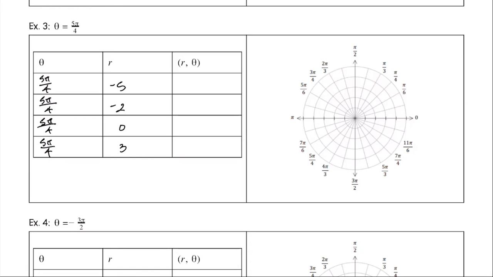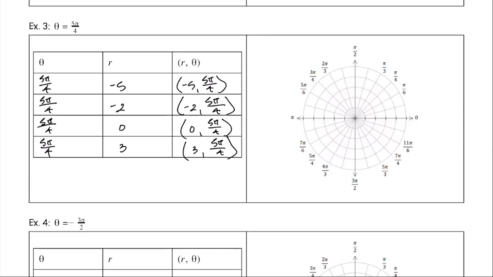Now, if I think about the coordinates, here's what I've got. I've got a bunch of coordinates that all have the same angle. Okay, they all have the same angle. Now let's plot these points and see, like, do we get this line that Judy promised?